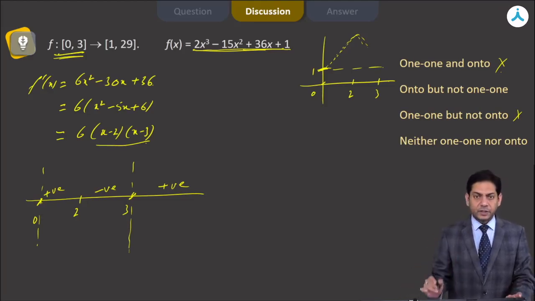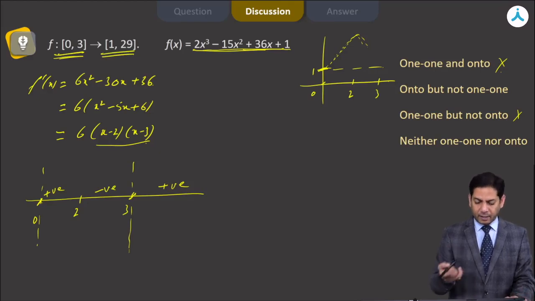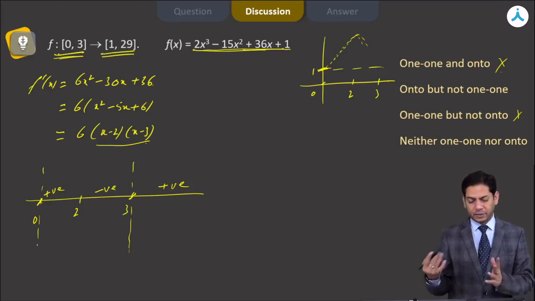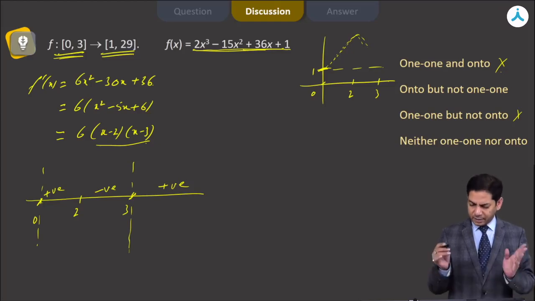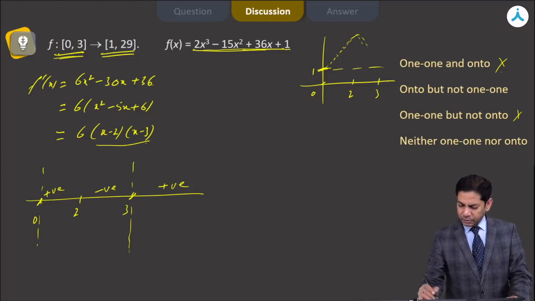What about its range? One-to-one behavior we have investigated, and the codomain is given to be 1 to 29. If we get the range equal to the codomain, then we say the function is an onto function. So let's get the range. Obviously the function on the interval 0 to 3 is going to achieve its maximum value at x equal to 2.